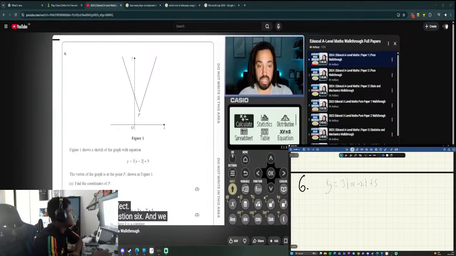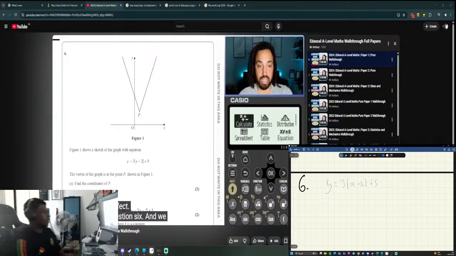Find the coordinates of P. Okay, he big brained this before, so we know that point P is one of the two equations.